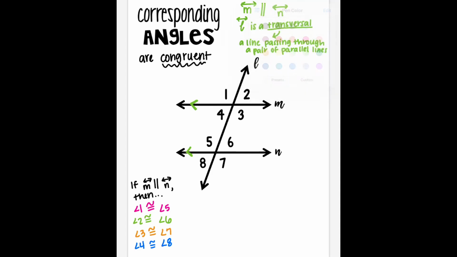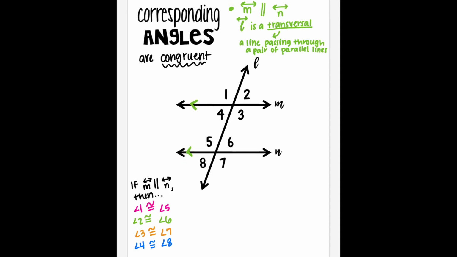Up at the top here, you see I've got line M is parallel to line N. This symbol that looks like two L's means parallel, and a parallel mark or notation is just these two little arrows on the parallel lines.